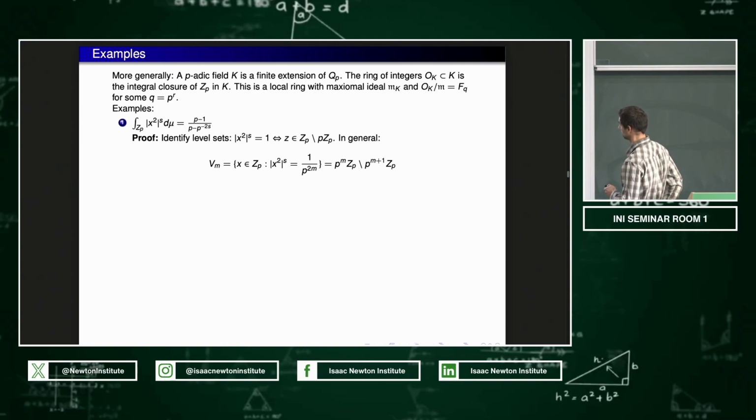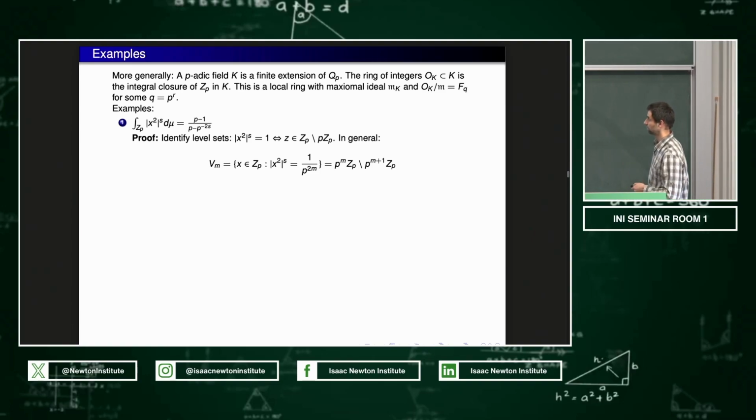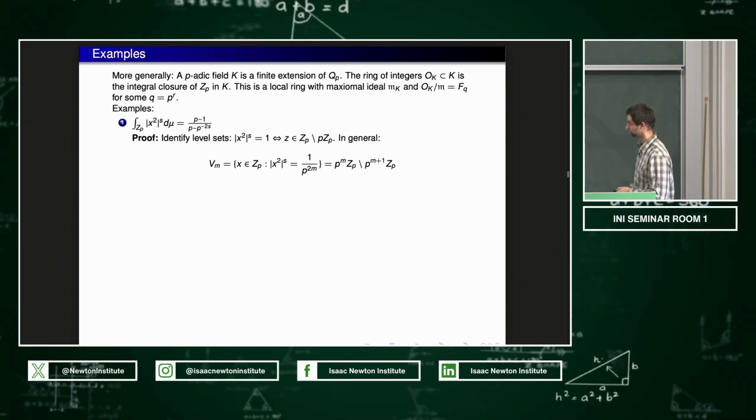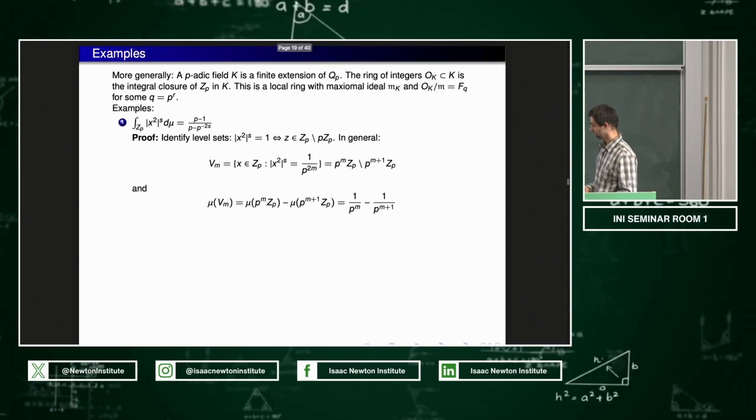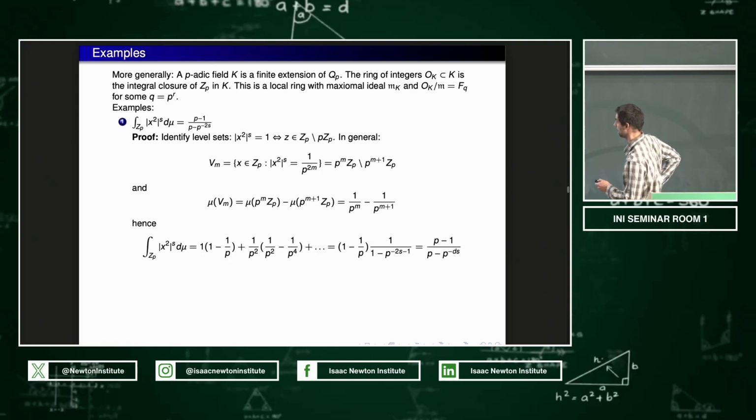And in general, the level set Vm consists of those x which sit in the mth power of the maximal ideal, but not in the (m+1)th power of the maximal ideal. And everything is so easy. So now we can really just compute the measure of these level sets, which is this expression here, because everything is additive. How you integrate something is you take the level sets, and once you know the measure of the level sets, you just add those up. And that's why you get this formula.